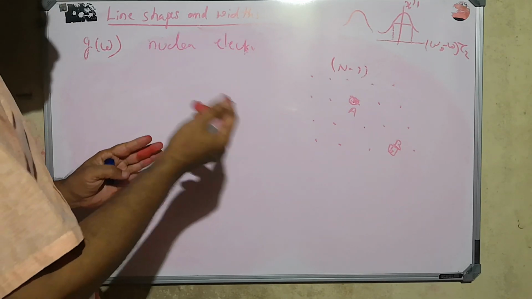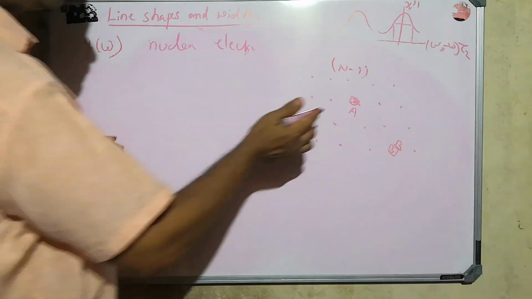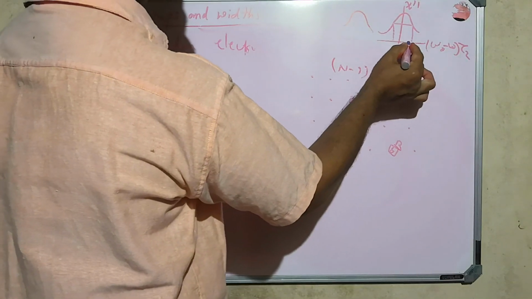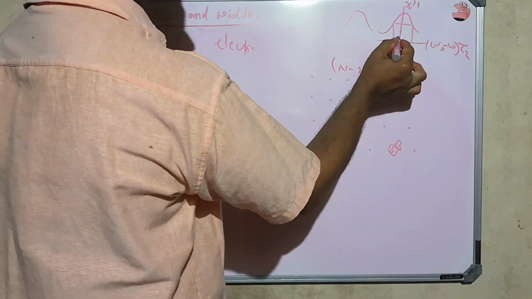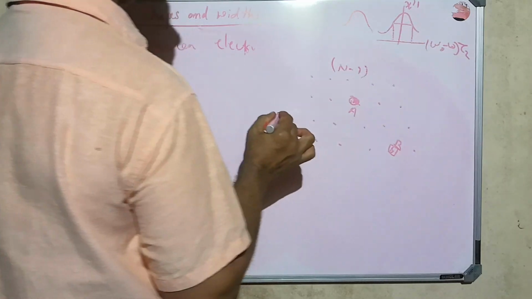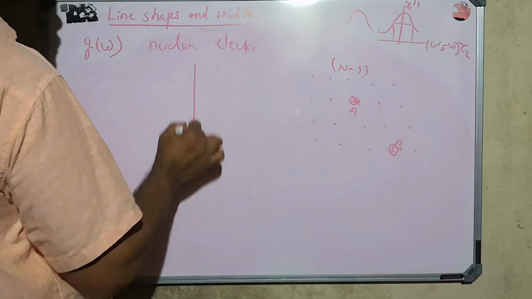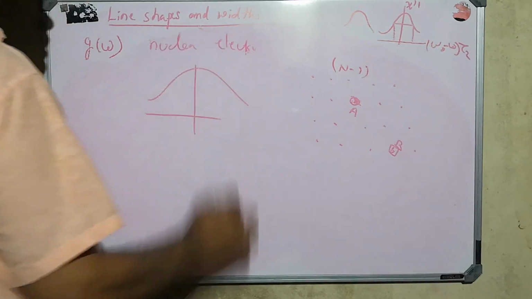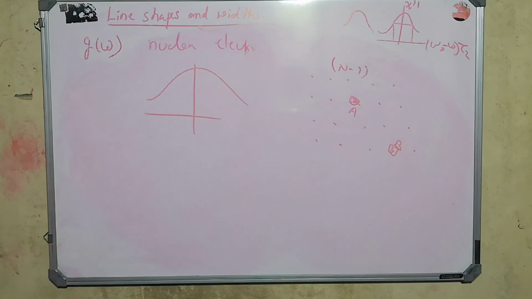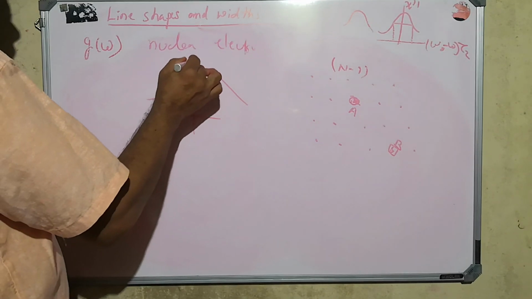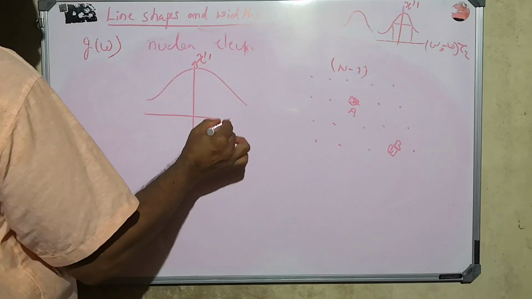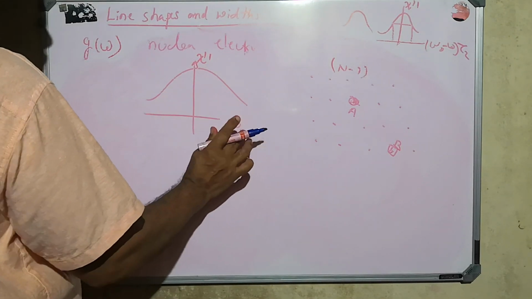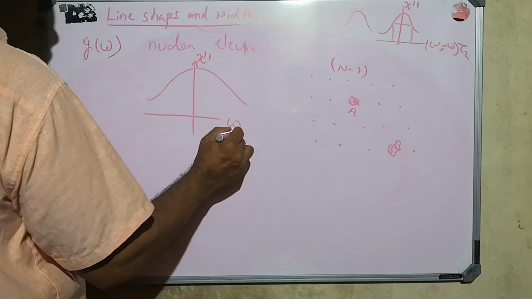Because of this, different dipoles will get resonated at different frequencies. Because of that, we are getting a broadened absorption curve. So the distribution is almost a Gaussian distribution that we are observing.